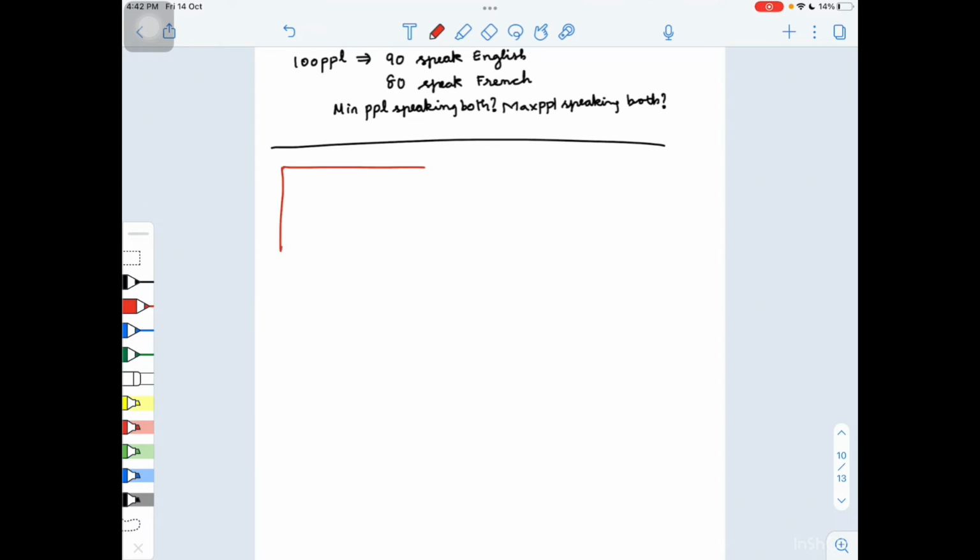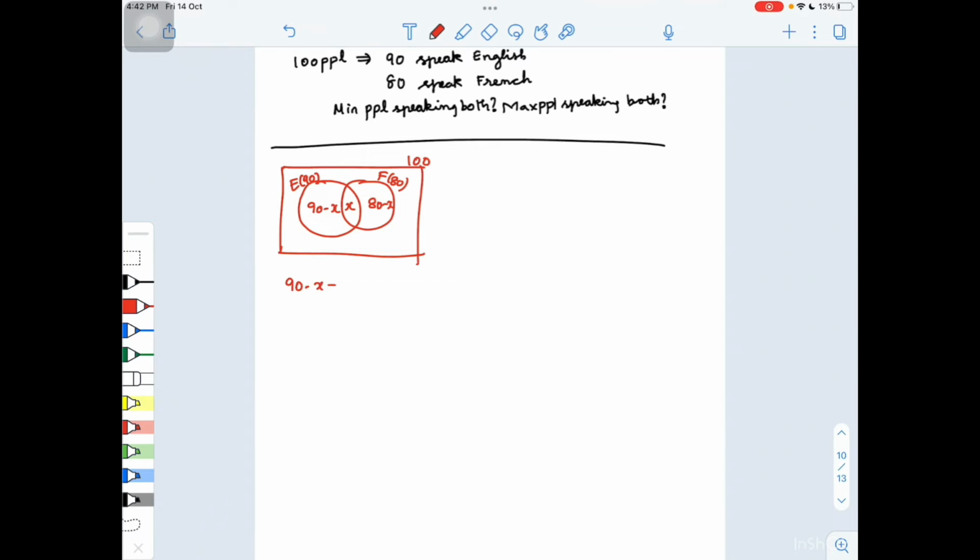With the all regions positive method, we will assume this is the English circle, 90 people are there, total 100 people are there, and this is the French circle where 80 people are there. If I assume the middle is X, this is going to be 90 minus X, and this is going to be 80 minus X. I know the sum of all the four regions will be equal to 100.